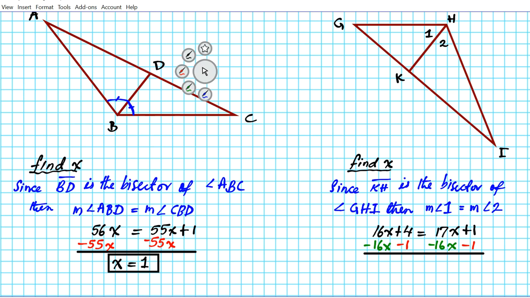Okay, and what's the result? We're going to have 4 minus 1 is 3. And then 17x minus 16x is just x. So that goes our answer, okay? X is equal to 3, ladies and gentlemen. That is the answer to question number 4.